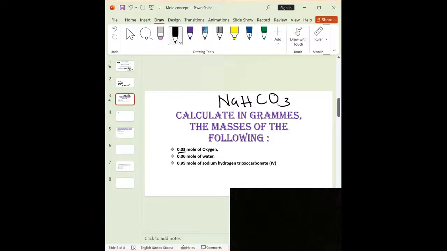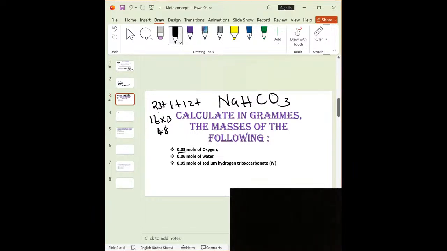Now, the next step is to calculate the molar mass. Remember, sodium is 23, plus hydrogen is 1, plus carbon is 12, plus oxygen is 16, that is 16 times 3, which is 48.